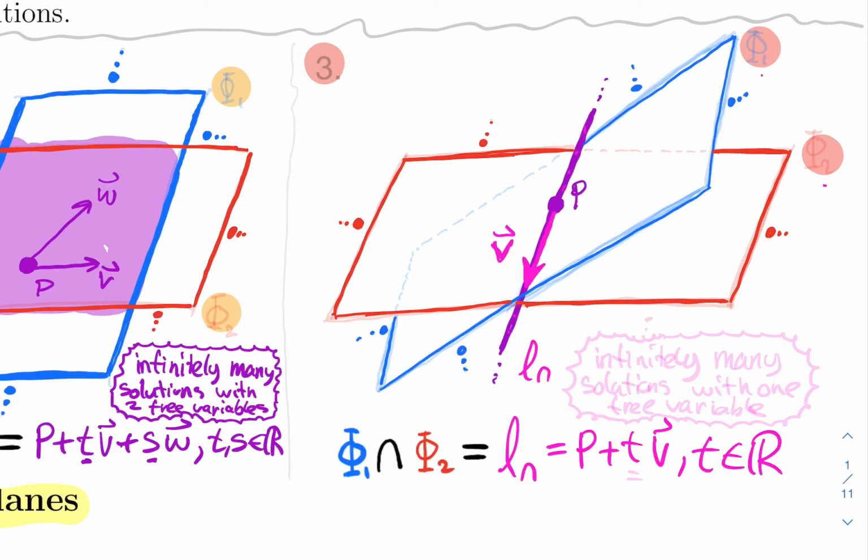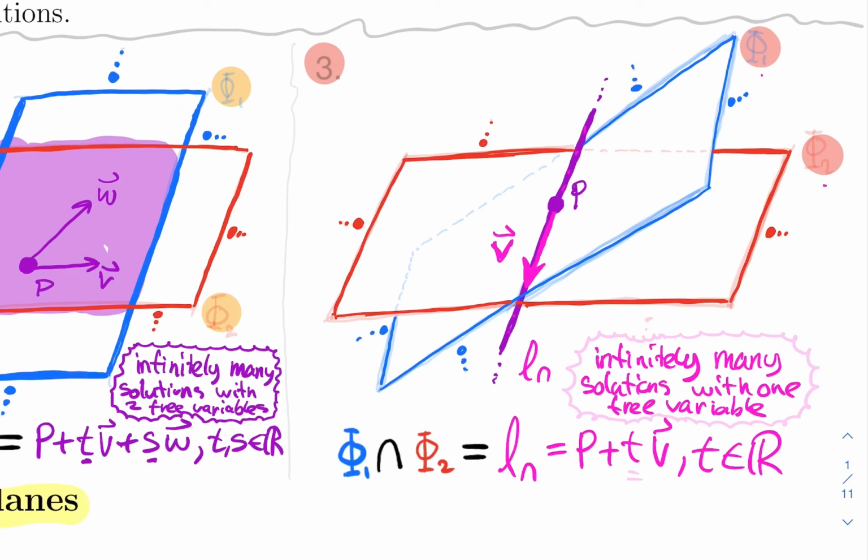So here, when you solve the system, you're going to get, again, infinitely many solutions, but only one free variable.